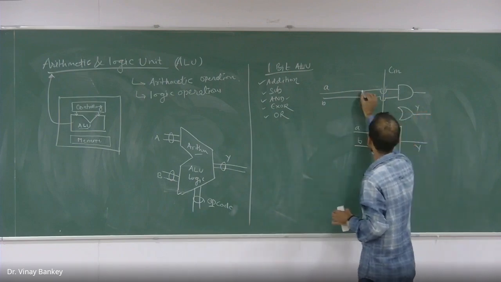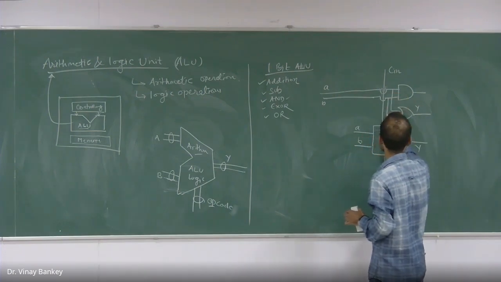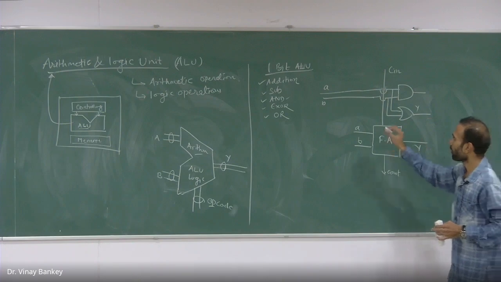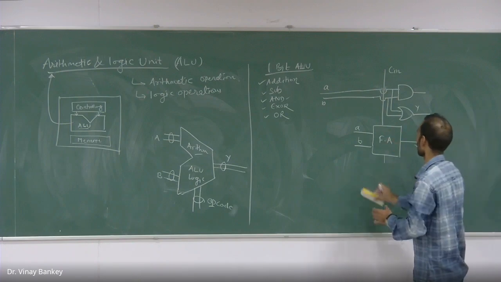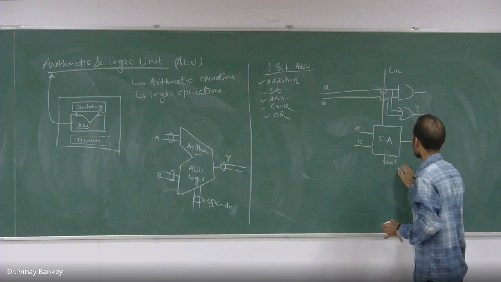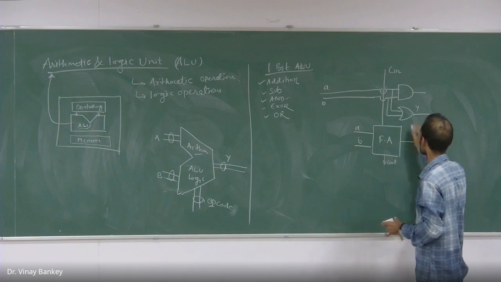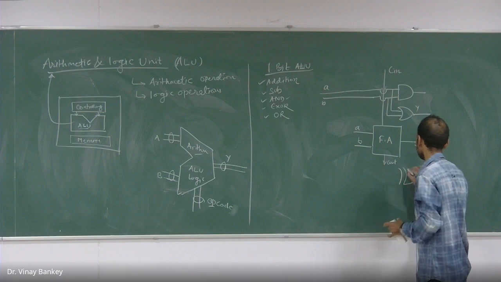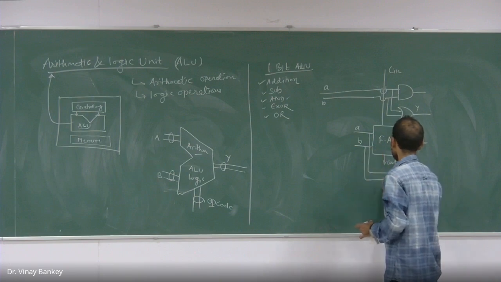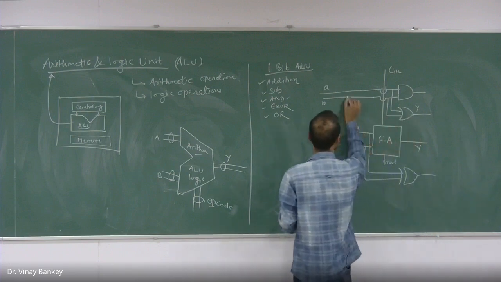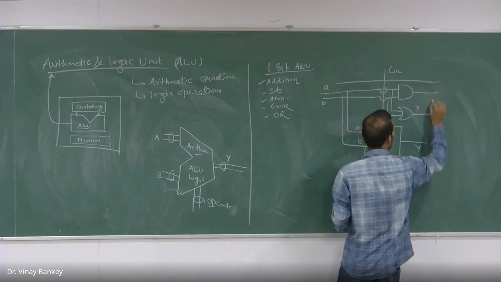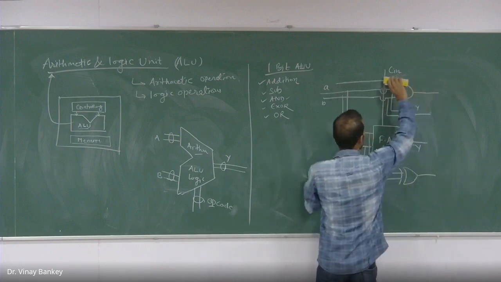The output of this will perform the OR operation. And I need an XOR gate for XOR operation. So here I have one XOR gate, which will perform the XOR operation. And these are connected here. So overall, we'll draw it later.